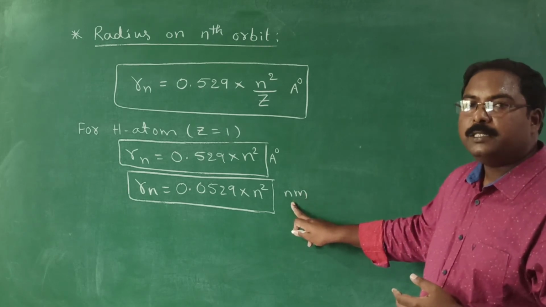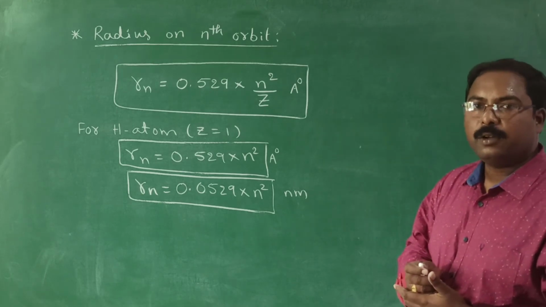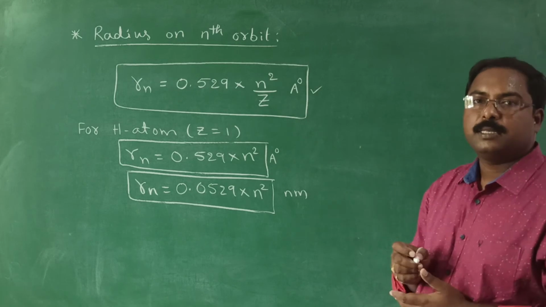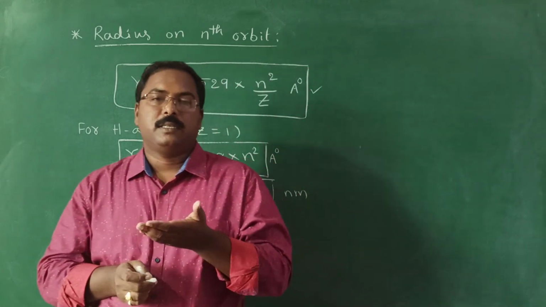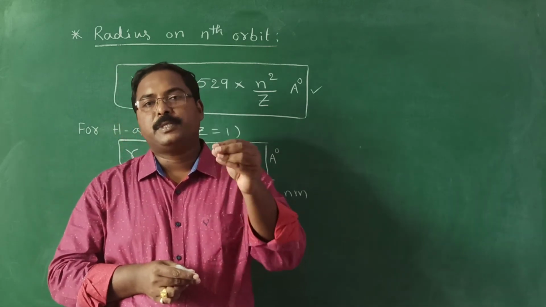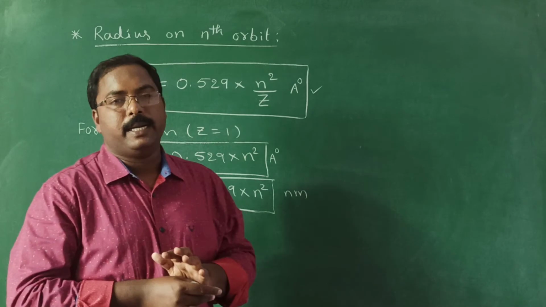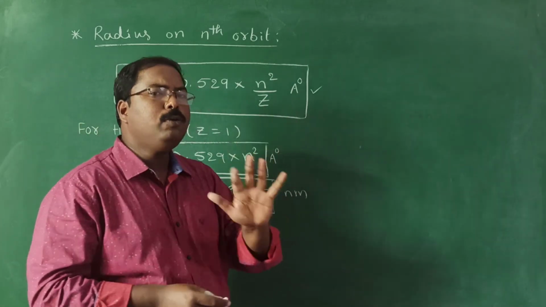Nanometer means 10 to the power minus 9 meters. So use any one formula to solve the questions. Depending on the question or the options, if the options are given in centimeters, convert these angstroms into centimeters. If the options are given in meters, then convert them into meters.